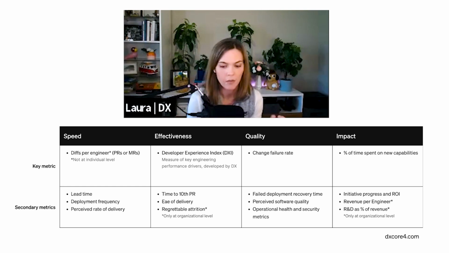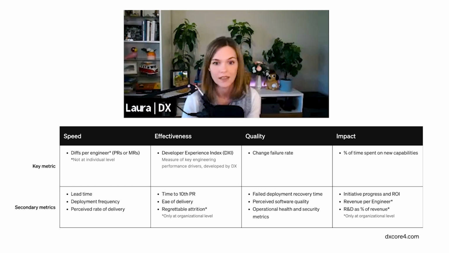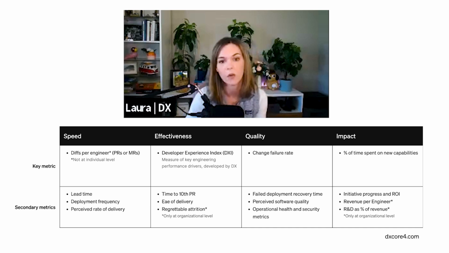I think it makes sense that different audiences need different things, right? And so you don't want to walk into a conversation with an individual developer team with the same information that you're going to bring to your executive meeting or your board. But in order to comprehensively express all the things that engineering is responsible for and the impact that engineering can have, it's important to cover quite a broad set of metrics, which is where those 4 pillars come into play.